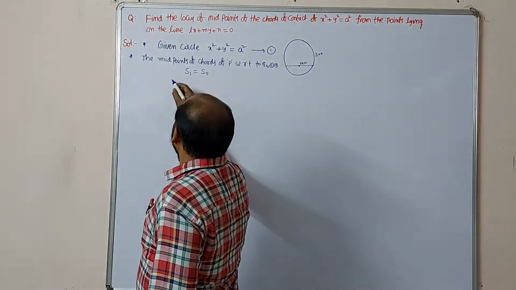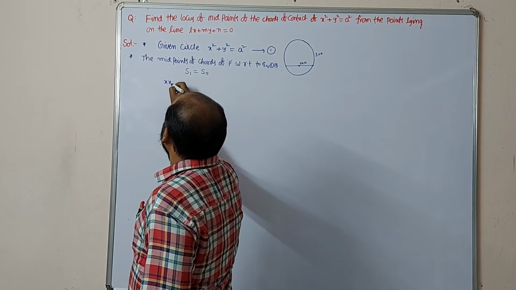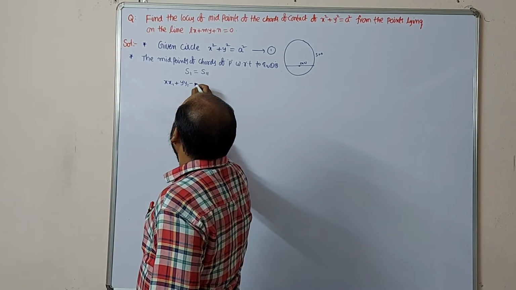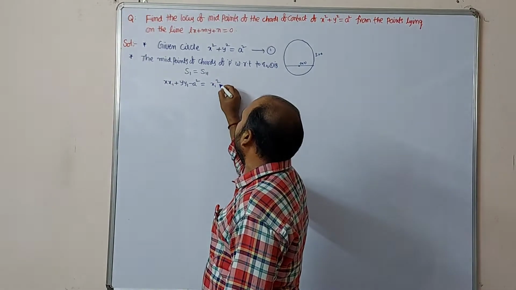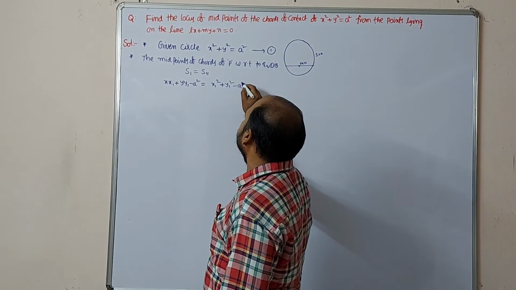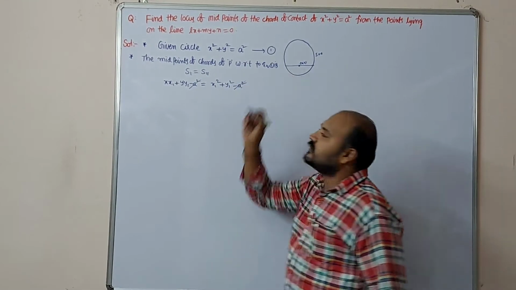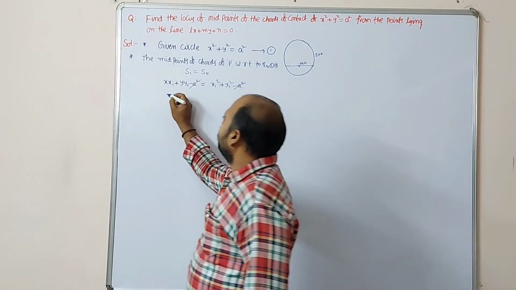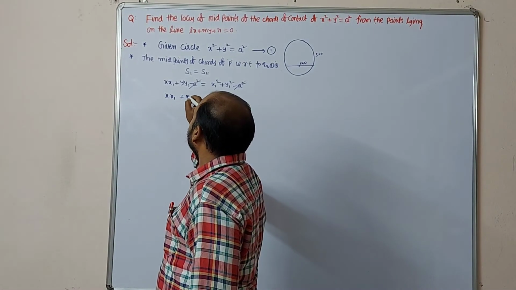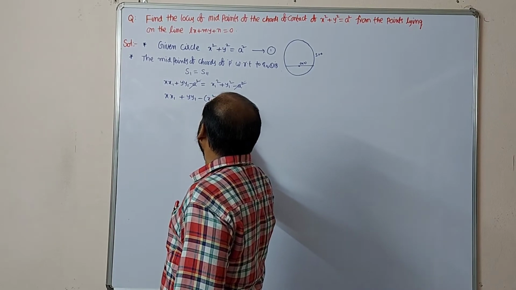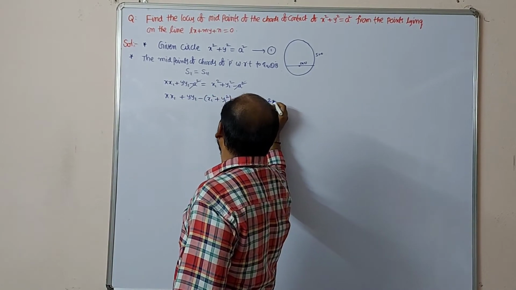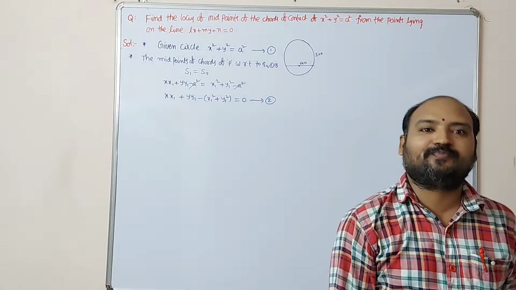So S1 for this is xx1 plus yy1 minus a square is equal to S11 for this, x1 square plus y1 square minus a square. Both sides minus a square is going to get cancelled, and x x1 plus y y1 minus of x1 square plus y1 square is equal to 0. You put that equation number 2.